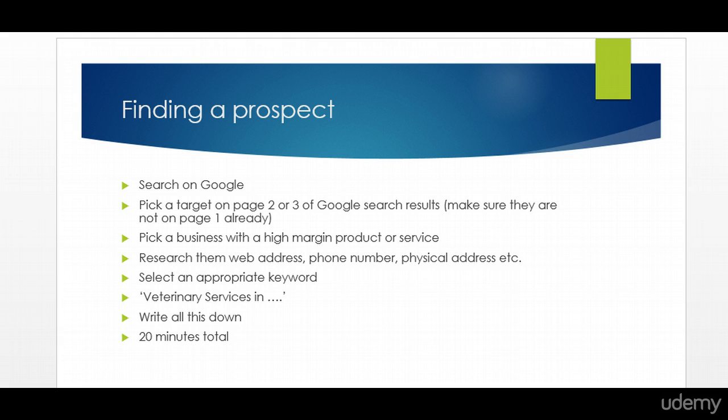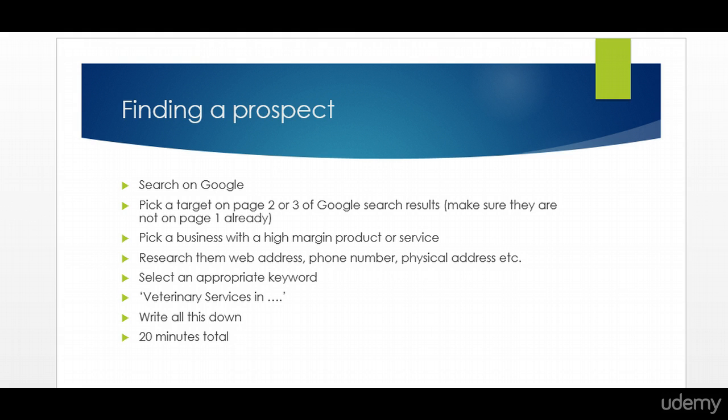Or on page 3. So we're going to pick a business with a high margin product or a high margin service. We'll be researching them, i.e. we'll be looking at their web address, phone number, physical address, what they do, who they are, how big they are, and so on. We'll pick an appropriate keyword that is relevant to their business.